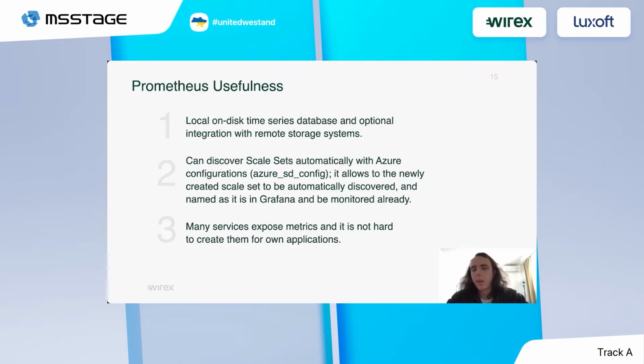The Azure Service Discovery configuration allows a newly created scale set to be automatically discovered and named as it is in Grafana and be monitored already. Also, many services expose metrics and it's not that hard to create them for all applications.